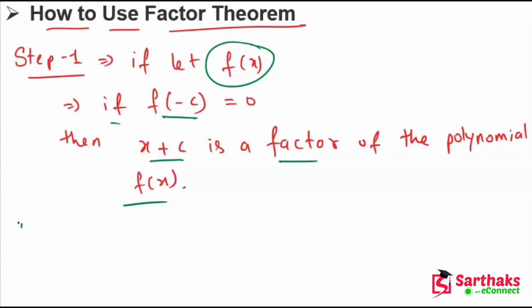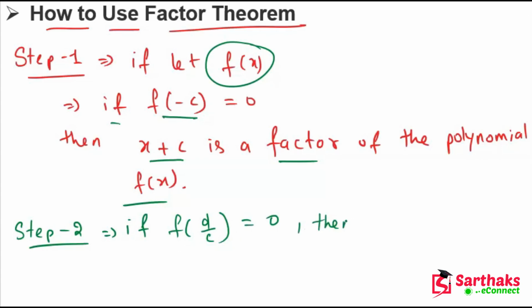Now step number 2: if f of d upon c is equal to 0, if we put the value d upon c and get 0, then cx minus d is a factor of the polynomial f of x.